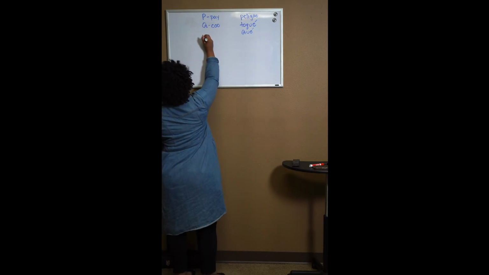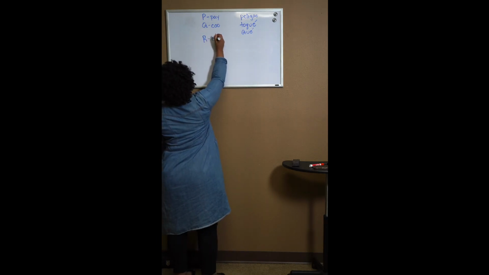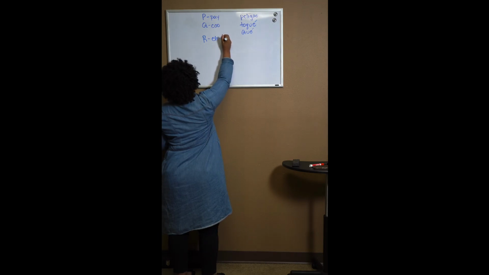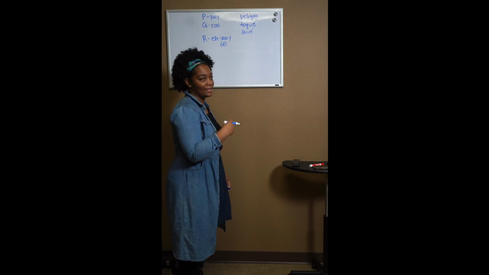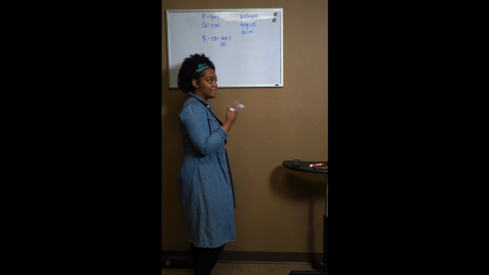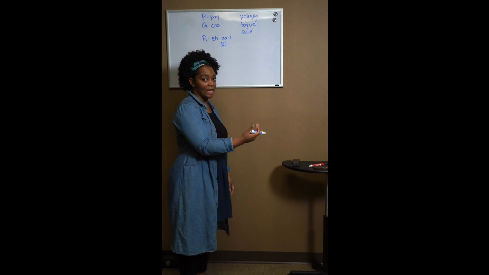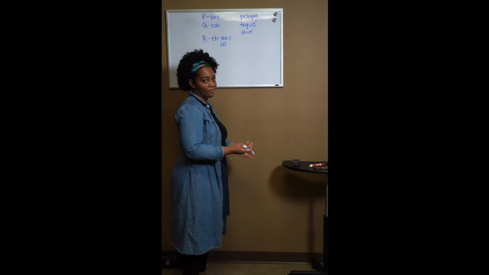Then we have ere. I really use like a D sound. It kind of makes it like you're saying "de," but not so hard, it just rolls off the tongue.